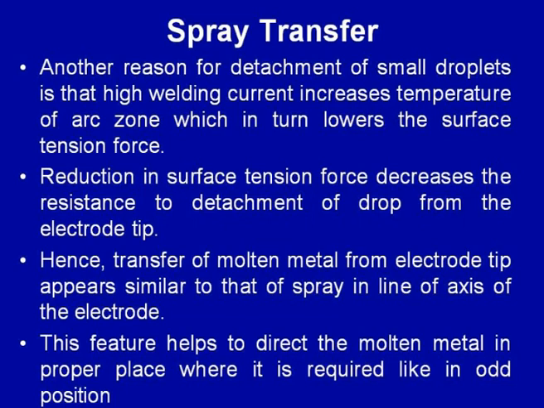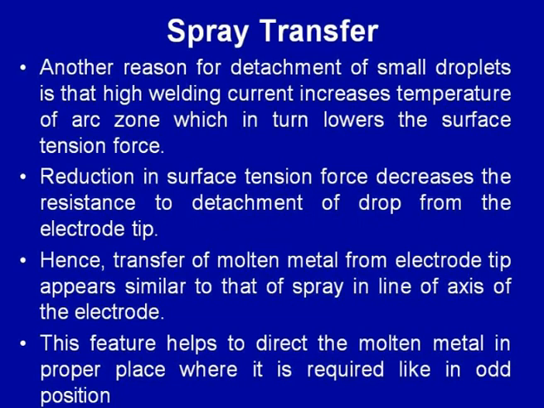When this happens, there is a continuous movement of the drops from the electrode tip towards the weld pool, which gives the feeling of a spray during the welding, and that is why it is termed the spray transfer.